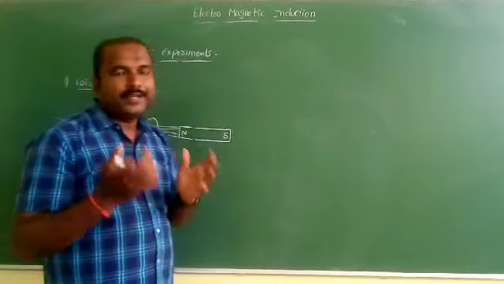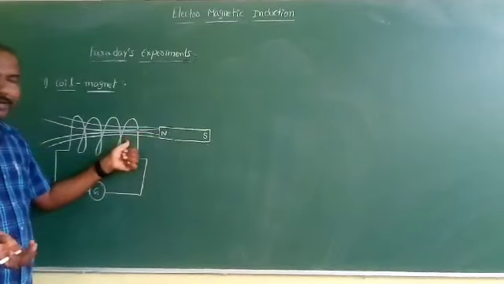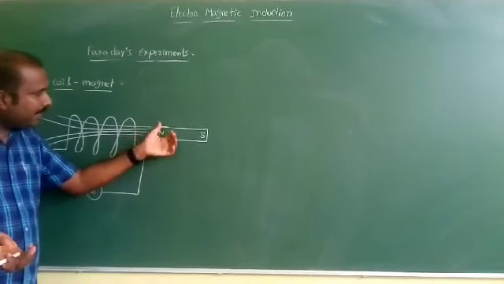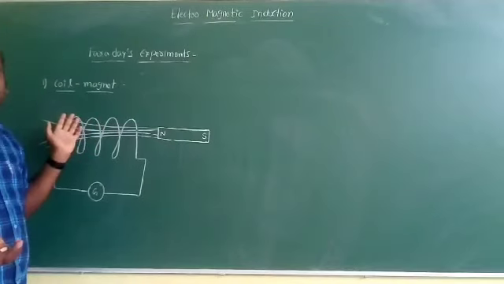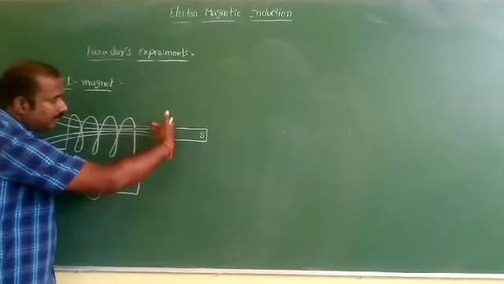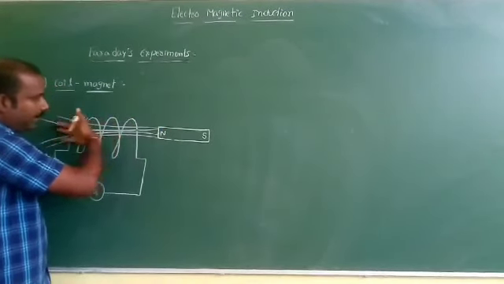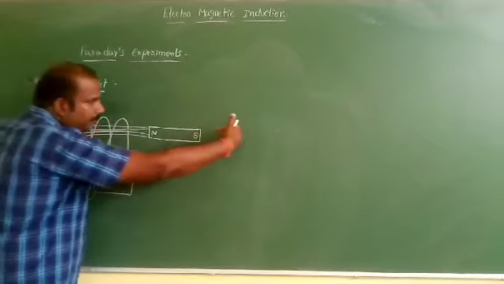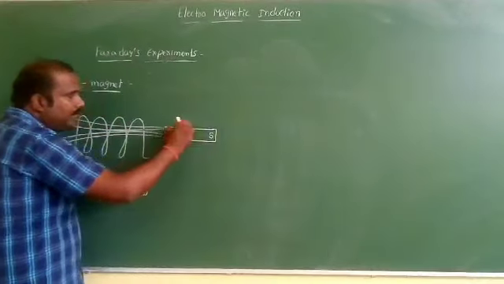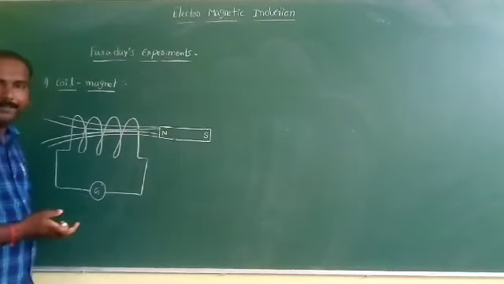whenever there is a relative motion between bar magnet and coil, the magnetic flux is changing. What is the magnetic flux? From the north, the maximum number of magnetic field lines are passing through this coil. If you are moving the coil towards it, more magnetic field lines are passing through the coil.